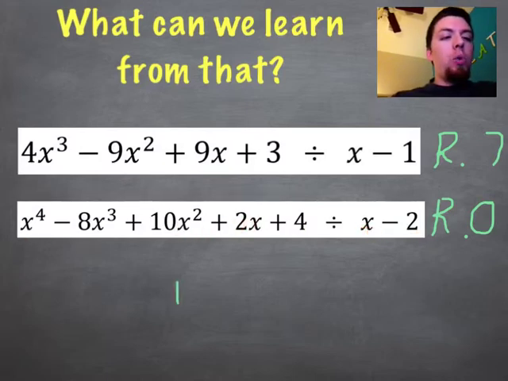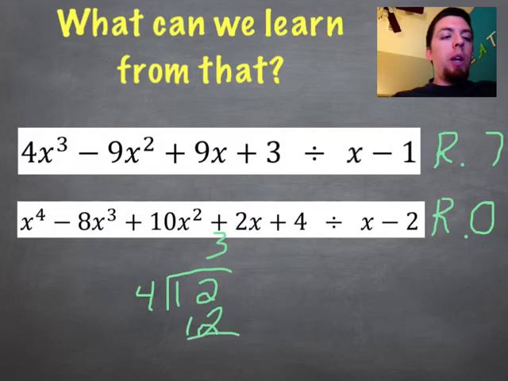That's like saying 12 divided by 4 goes in there 3 times, which means we have a remainder of 0. That means 4 is a factor of 12. Or in our case, that x minus 2 is a factor of that polynomial.